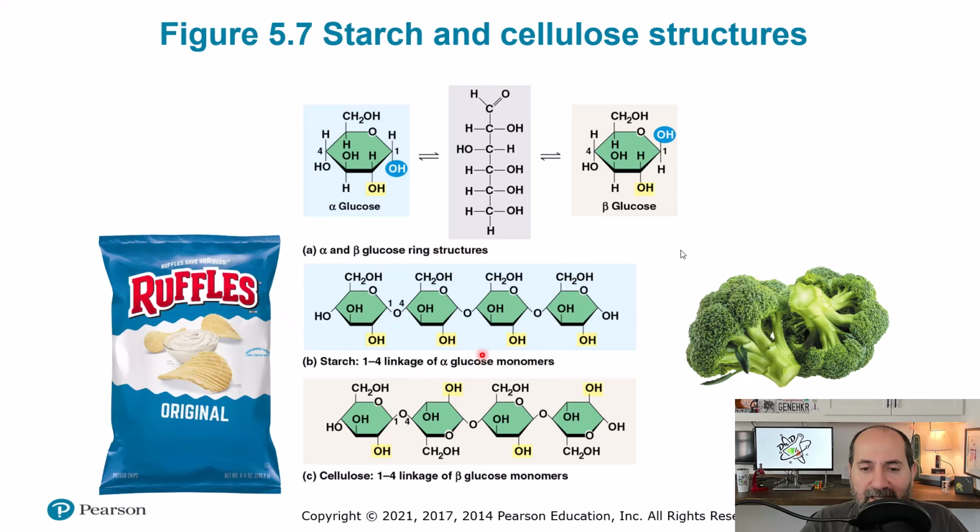So why does eating polysaccharides of alpha glucose like starch and glycogen give you so many calories, while eating the polysaccharides of beta glucose in the form of cellulose, aka fiber, not give you so many calories? Well, look at the structural difference, right?